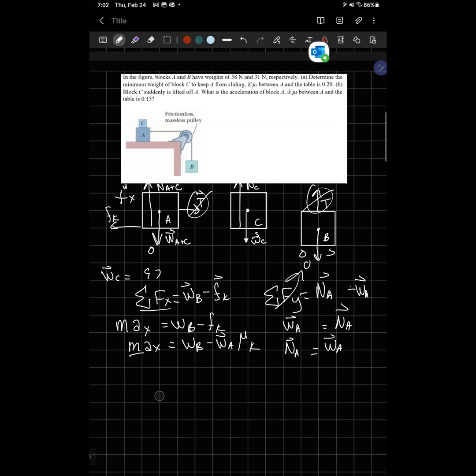So AX equals WB minus WA mu K over WA plus WB divided by G. Again, plug it in your calculator and get an answer. I believe you should get somewhere around 2.3.